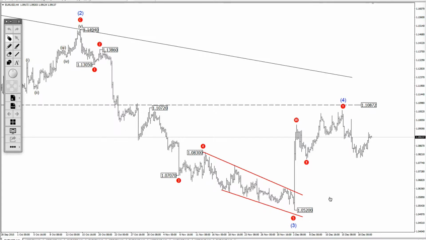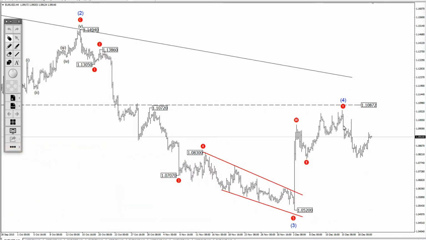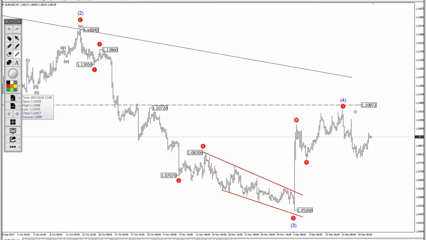EURUSD, we have more complex wave structure formed. So yesterday we tried to trade this pair to the downside, but now we have overlap between the waves 1 and 4, which most likely are not waves 1 and 4. We have a 3-wave structure. Let's draw it here.